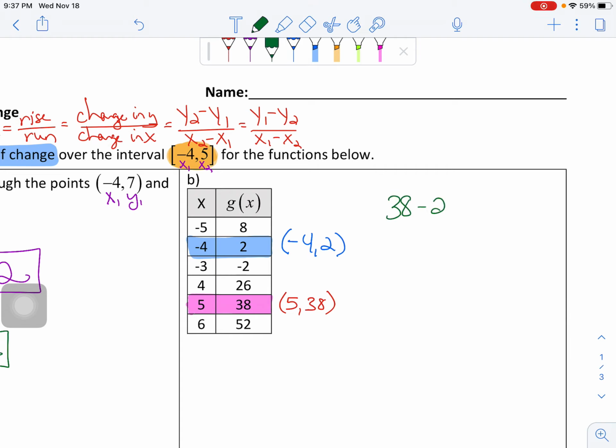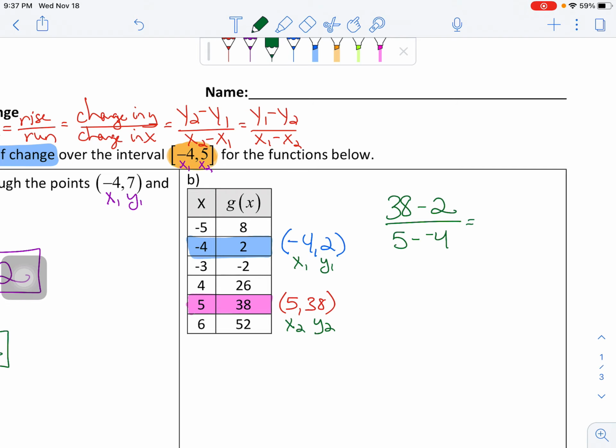In any order that you want to go with, I'm going to do, let's say, 38 here minus 2. And if you want to label these, you can. So this is x1, y1, x2, y2. So I just did y2 minus y1. That means I need to do x2 minus x1. So 5 minus negative 4.